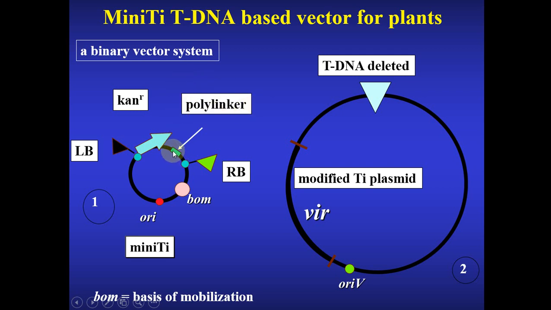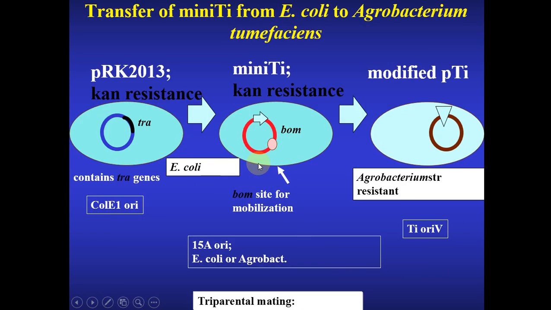It consists of different restriction sites, sites for different restriction enzymes. So you can cut using any one enzyme and attach your gene of interest. This basis of mobilization gene will help your gene of interest to get transferred to the plant cells. This is how modified Ti plasmids are prepared.